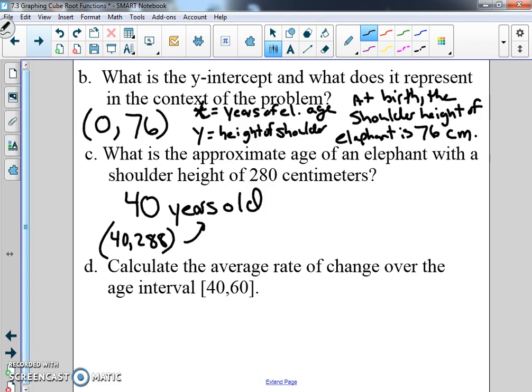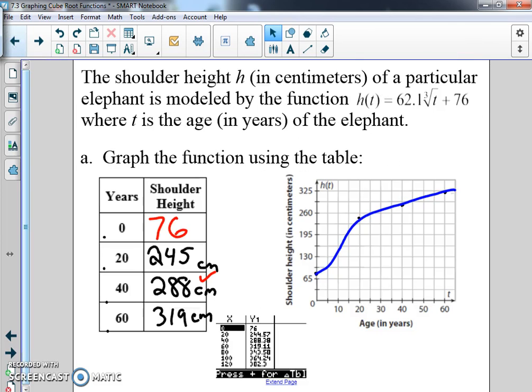Now we need to calculate the average rate of change over the age interval from age 40 to 60. So basically, how much taller does that elephant get per year, or how much higher does the shoulder rise between ages 40 and 60? To do this, I have an input of 40, and I have an input of 60. At year 40, if I go back to my table, my height is 288 centimeters.